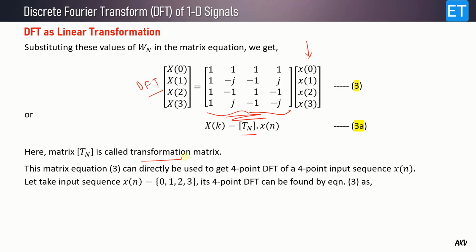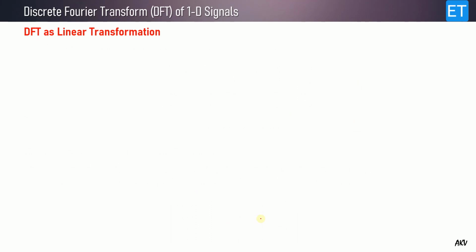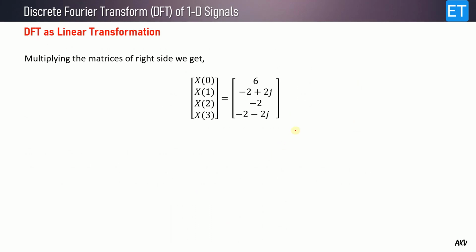So this we can understand with one example. Now take one input sequence, let's say 0, 1, 2, 3. This is my discrete-time sequence x(n), and I need to find its 4-point DFT. The 4-point DFT I can simply find with this equation 3. So I have substituted the sample values 0, 1, 2, 3 here, and then simply multiplying these two matrices, I will get the DFT values.